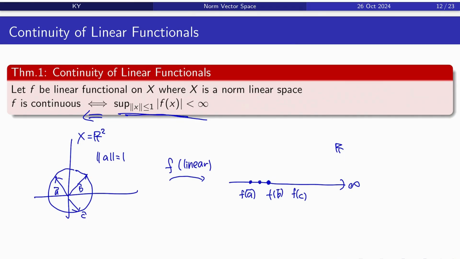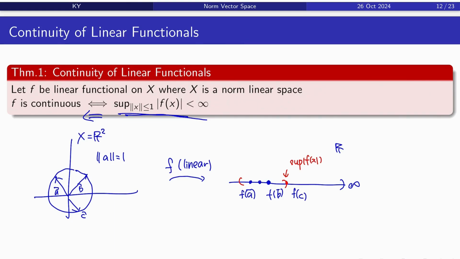Then what it's saying is that the supremum of f of x has to be less than infinity. So all of these mappings are going to be bounded by a supremum.